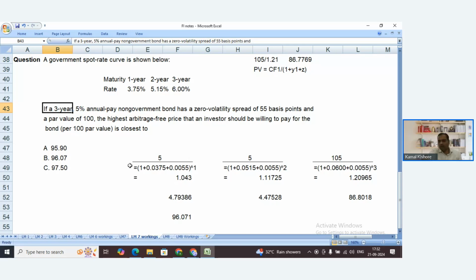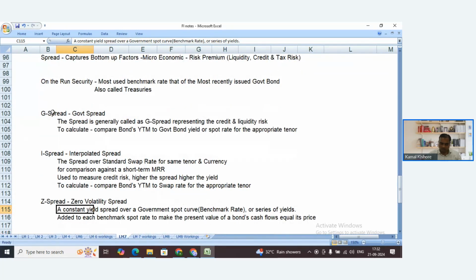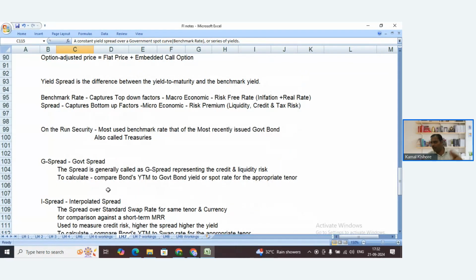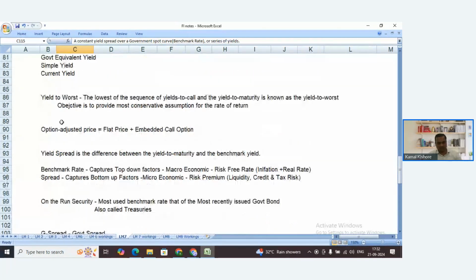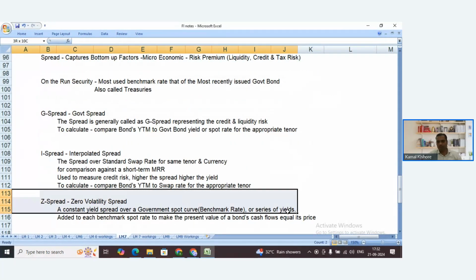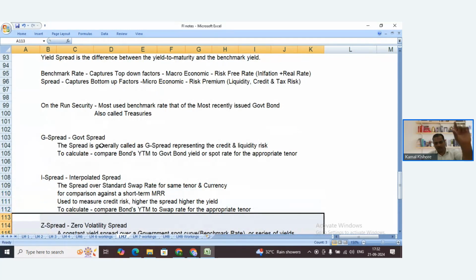Right, and then we are talking about this one, where different spreads we discussed, right? So this G spread calculation and all will also come. We will discuss, but most of it is included. The most important thing that we want to understand is the G spread, the government spread, which is the actual spread for not 1 year, for one period.